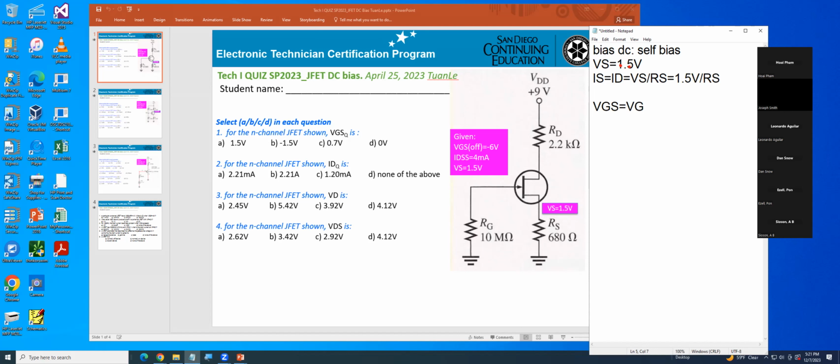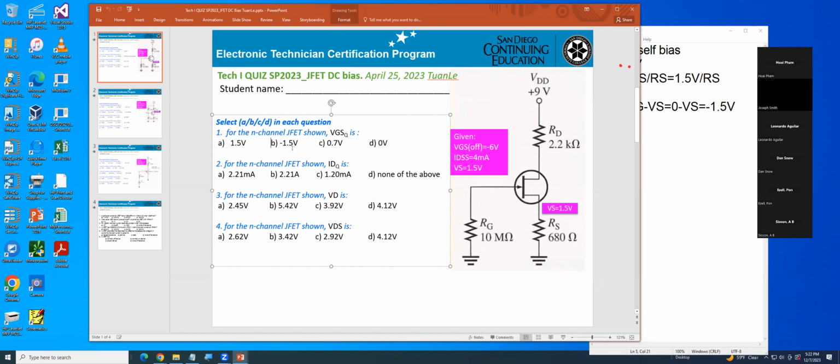VG minus VS. Is it correct? Yeah. Equal VG is 0, right? Minus VS. And that will be equal what? Minus 1.5 volt. Exactly. So the answer is B.